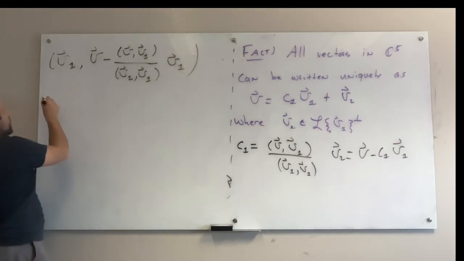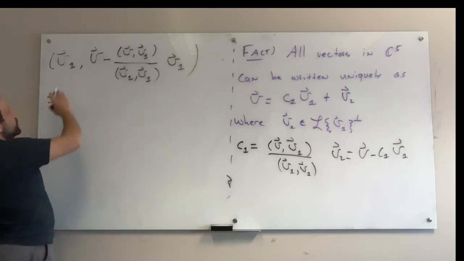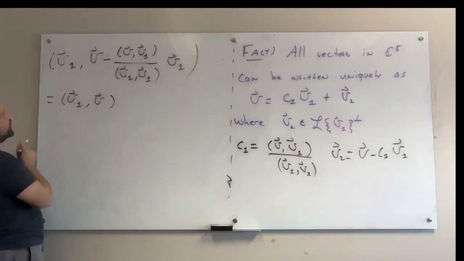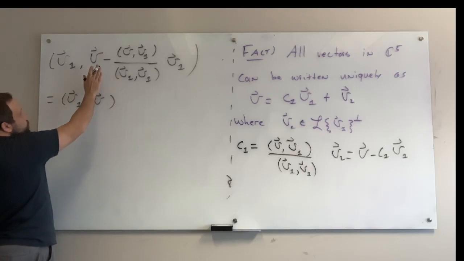Well, what are we going to get here? Well, we're going to use the linearity of the inner product here. So over here, we're going to get the inner product of V1 with V. Now we have to be careful because it's skew linear here.